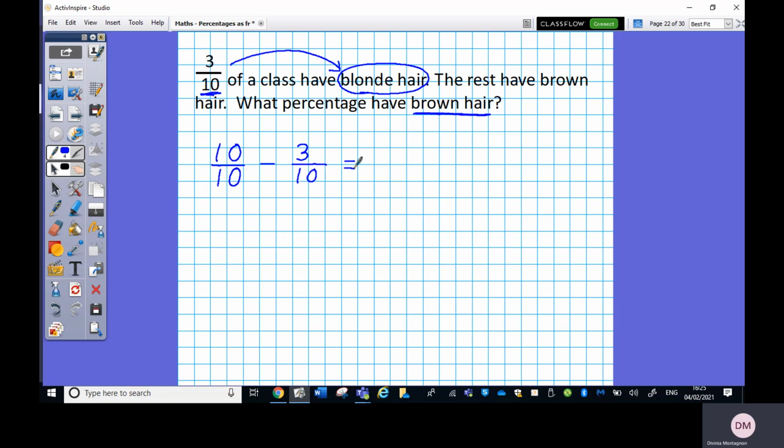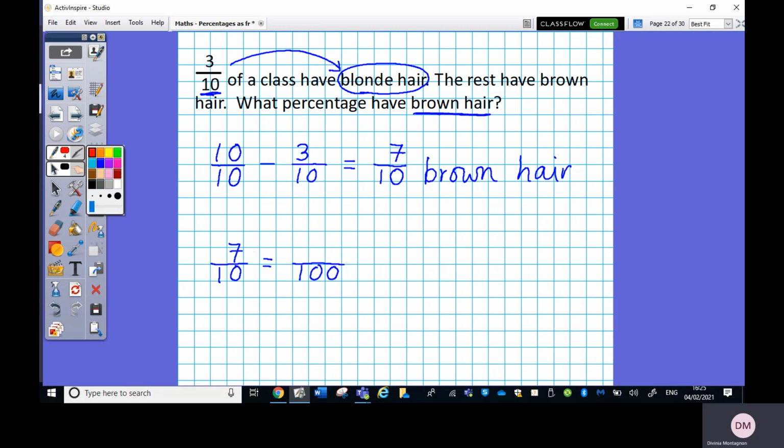So I know that that is now, my denominators stay the same. 10 take away 3 equals 7. Right, so I know that 7/10 have brown hair. Okay, now I can continue to convert. I'm going to convert 7/10 and I'm going to find the equivalent fraction to hundredths. That's right, to find my percentage.